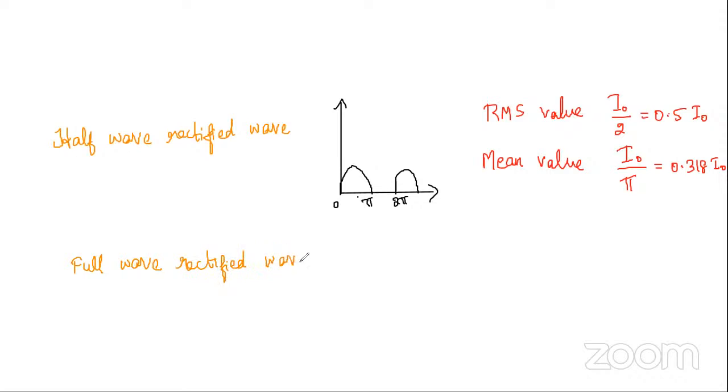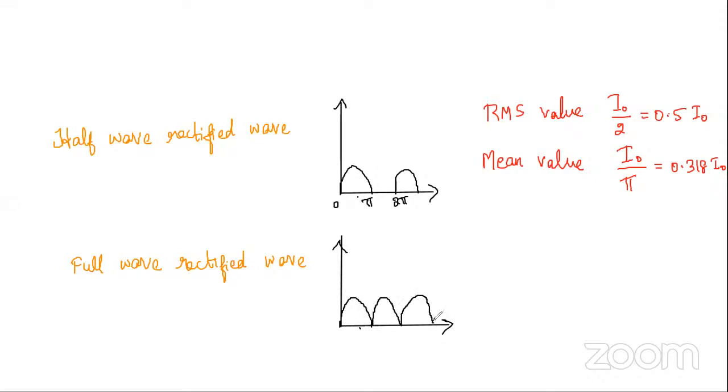Full wave rectified wave means, how does it look like? So here you see, you will be getting the negative half cycles as the positive half cycles.